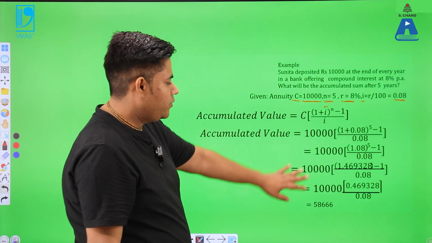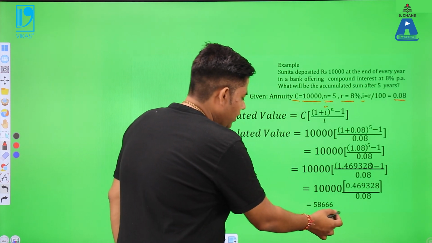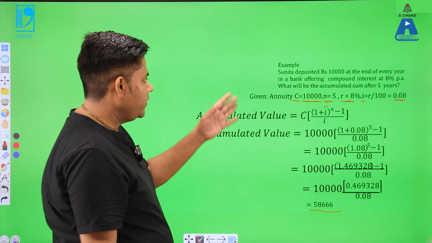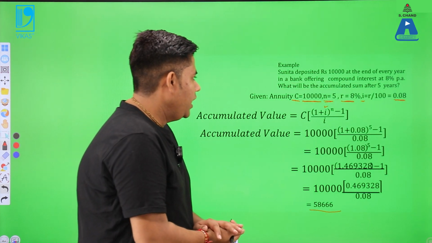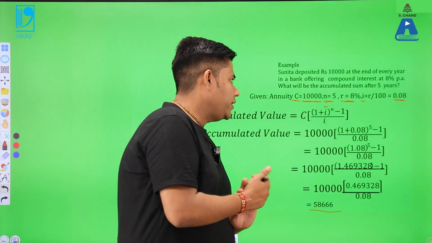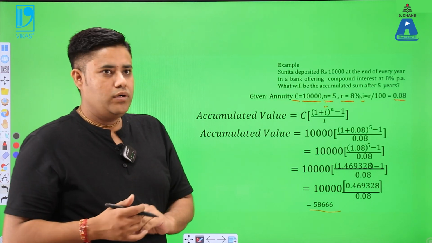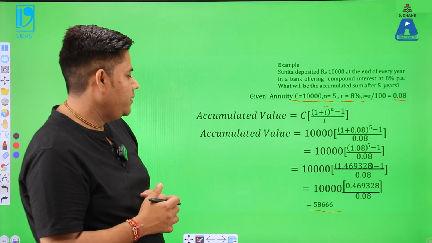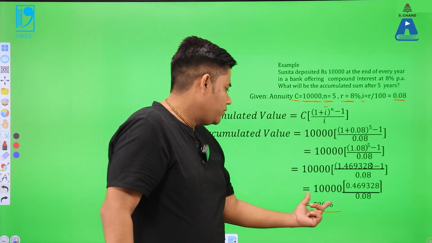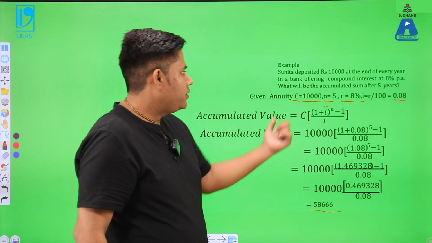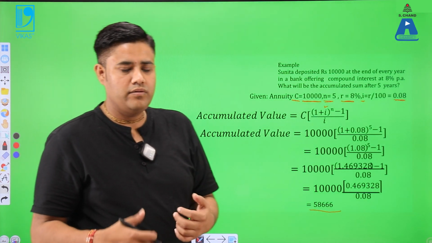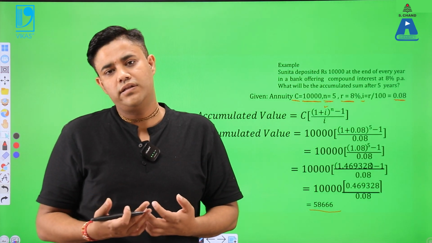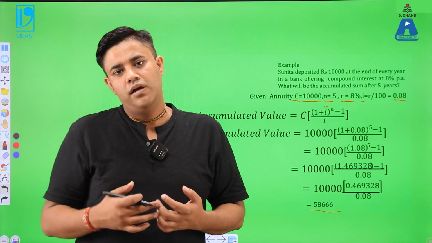So on solving with the help of the calculator, you will get this value, 58666. That means if any person has deposited this amount and the bank is offering a rate of 8%, then after a period of 5 years, the amount would be accumulated to this particular value. Here the question is not asking for calculating the compound interest, or the value of the amount.